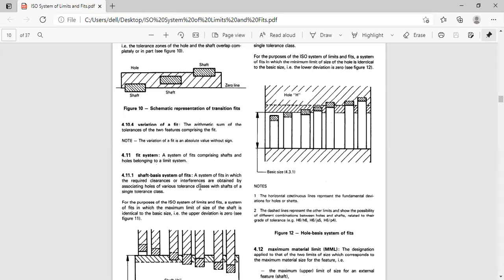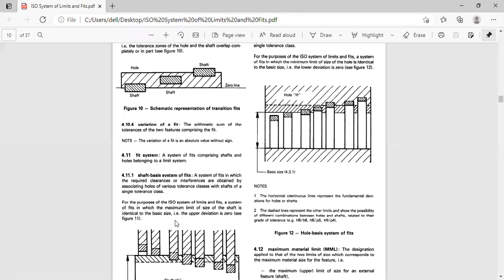As far as the shaft-based system and hole-based system are concerned, for the purpose of this ISO system of limits and fits, it is a system of fits in which the maximum limit of size of the shaft is identical to the basic size. What do you mean by that?